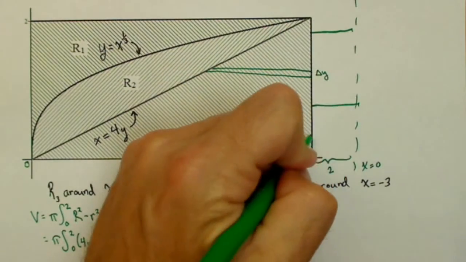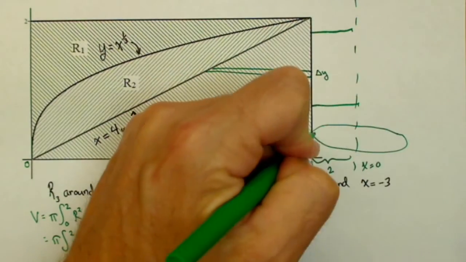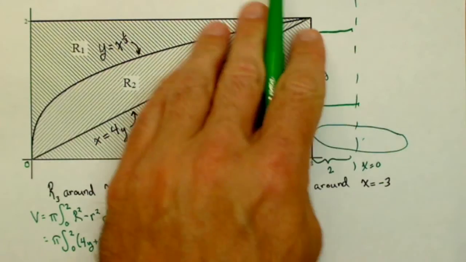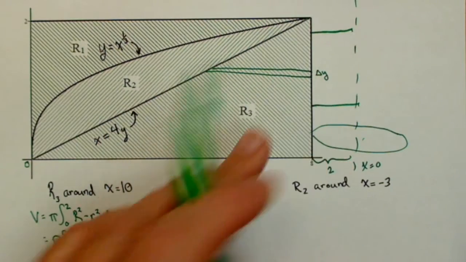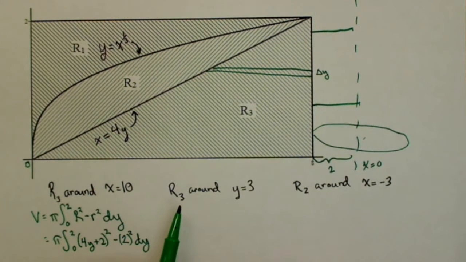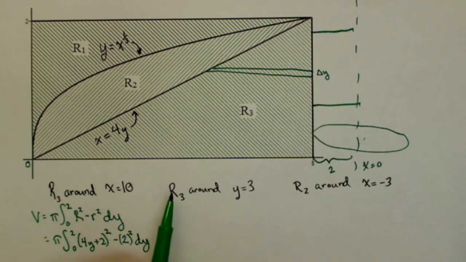Our little radius is just this piece here being revolved around this line. It's going to be constant no matter where we are on here, and in fact it's a constant of 2, so minus 2 quantity squared dy, and there's our first volume of revolution.